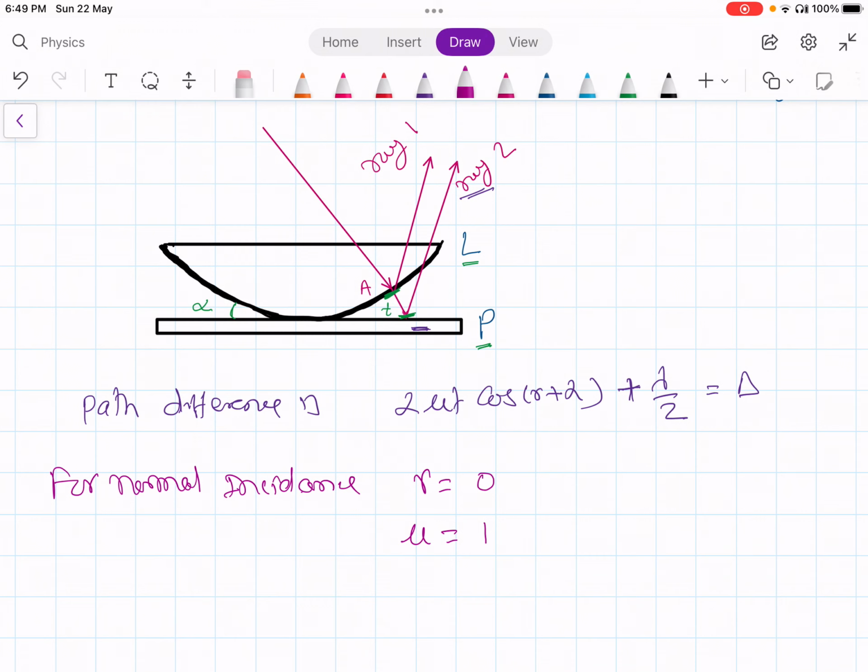And alpha is extremely small and can be neglected.